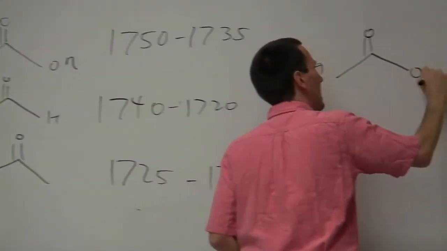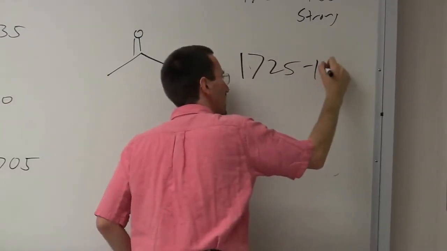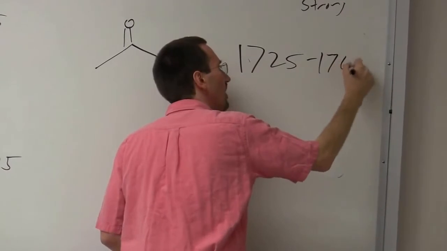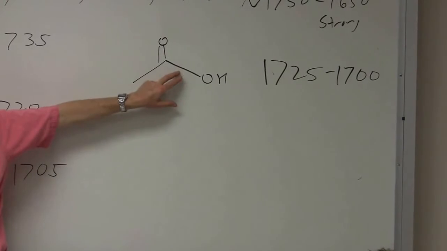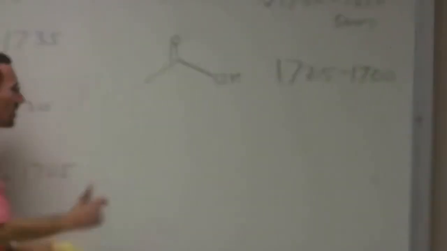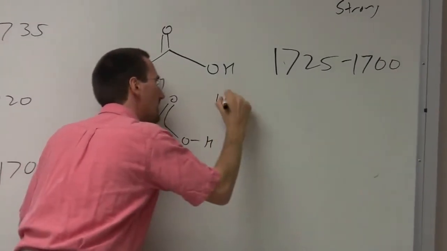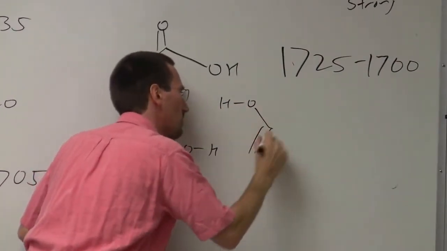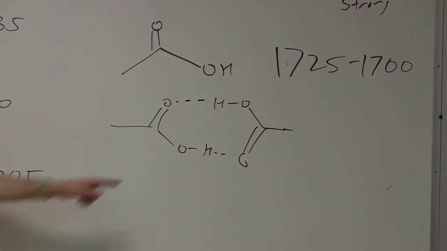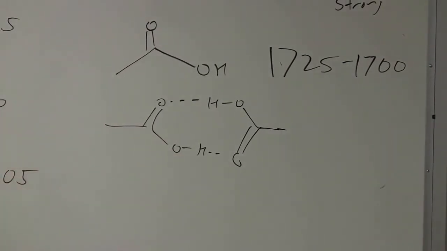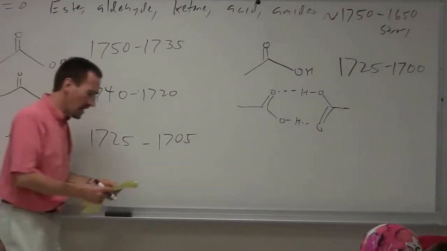A carboxylic acid, again, without any sort of conjugation or anything special, we're talking about, say, 1725 to 1700. Carboxylic acids love to hydrogen bond, and you get these very nice hydrogen bonded dimer stretches that generally produce broad, non-specific OH stretches that, as I said, will cover that whole region from about 3,500 to about 2,500.